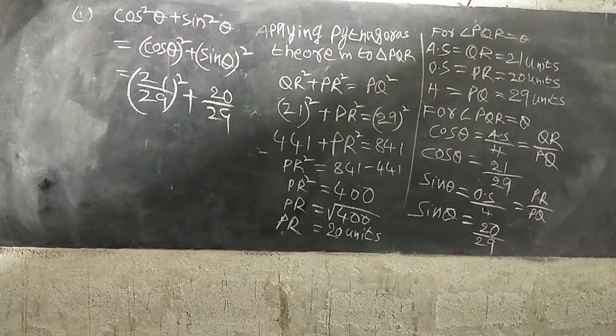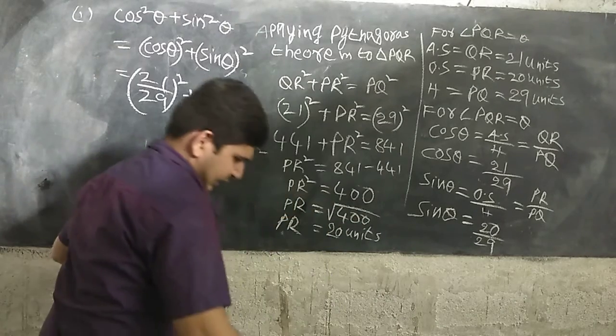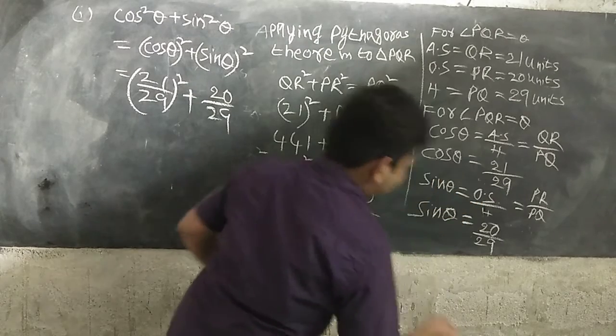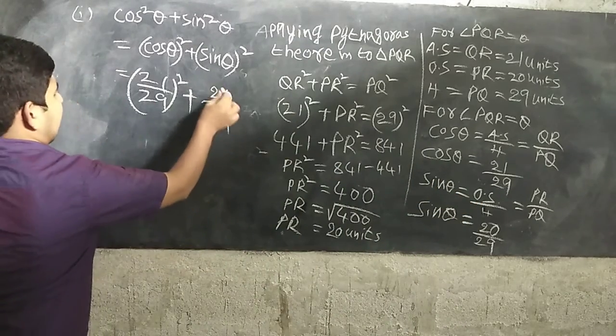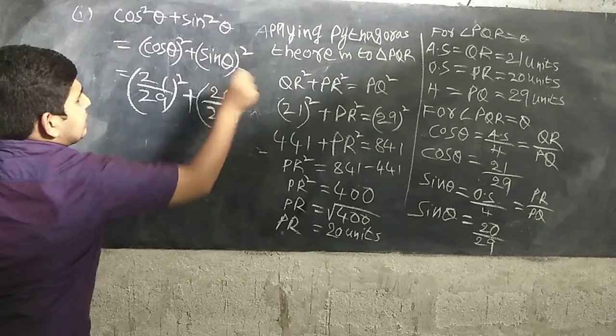Now, cos square theta plus sin square theta equals cos theta whole square plus sin theta whole square. Next, this is in the form of a by b whole square, so 20 by 29 whole square.